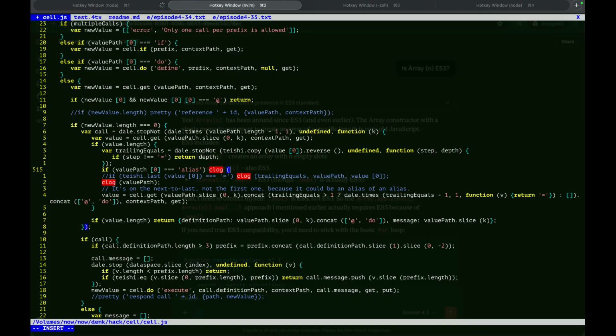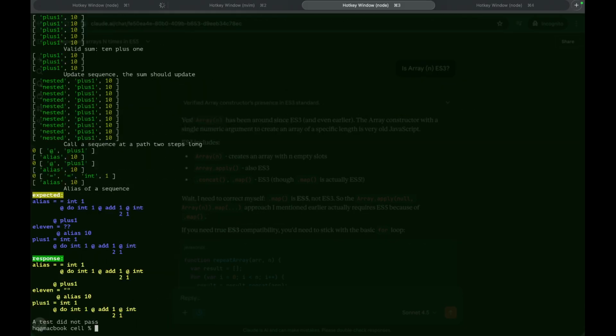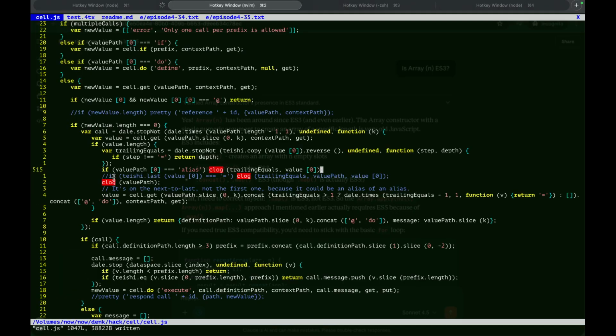The rest should be straightforward. Yeah, look at this. Ah, because they're not at the end, silly. They're at the beginning.